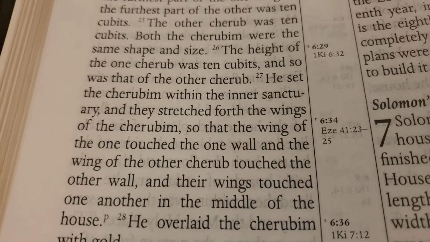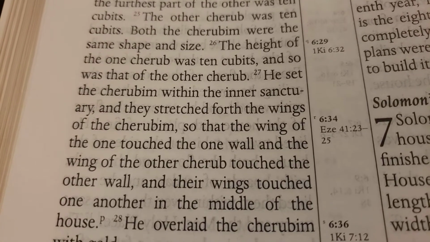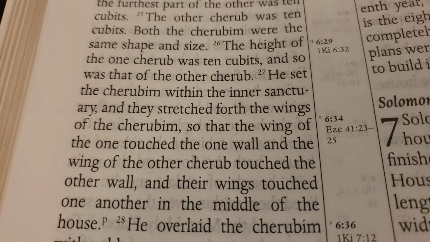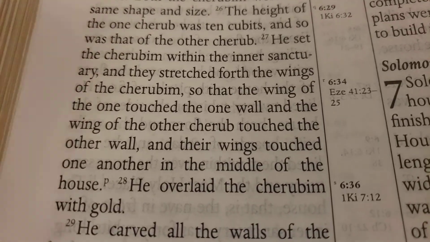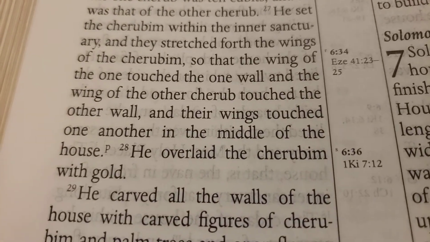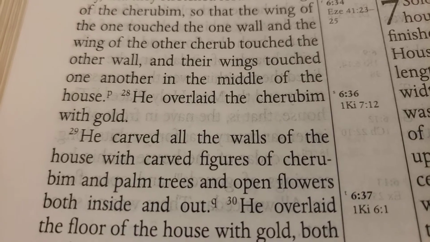The height of the one cherub was 10 cubits, and so was that of the other cherub. He set the cherubim within the inner sanctuary, and they stretched forth their wings, so that the wing of one touched the one wall, and the wing of the other cherub touched the other wall, and the wings touched one another in the middle of the house.